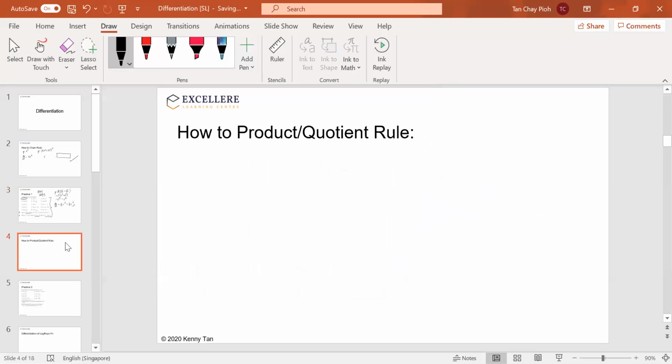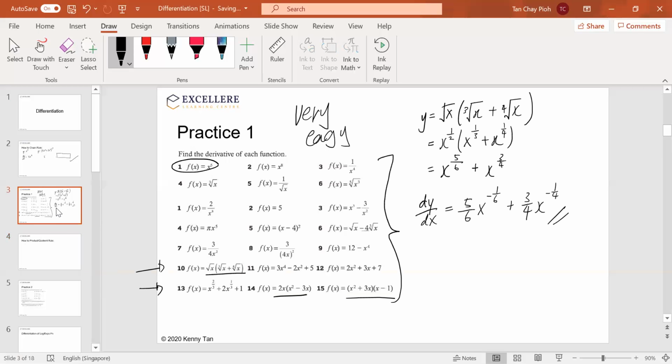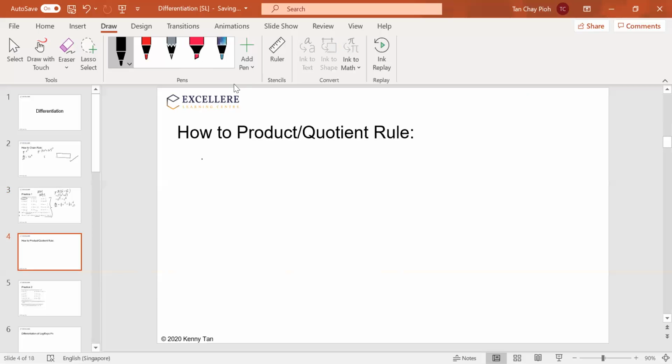Okay, let's move on. How to use the product and or quotient rule? Do you know how? So let's say, for instance, we can use, let's say, okay, let's say I want to differentiate this.